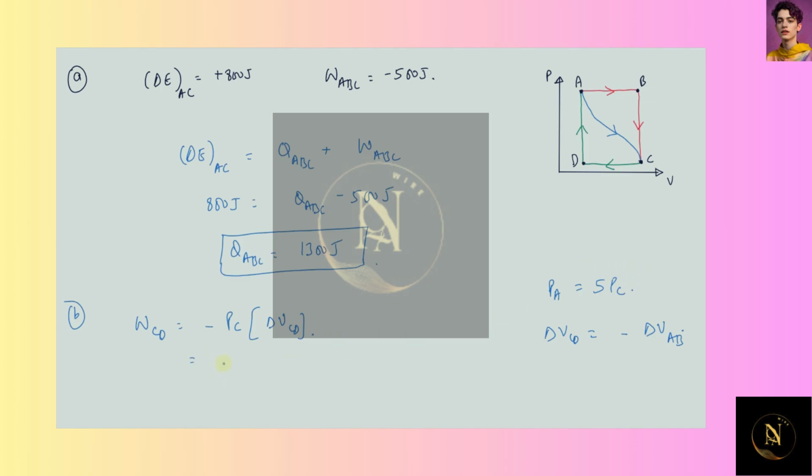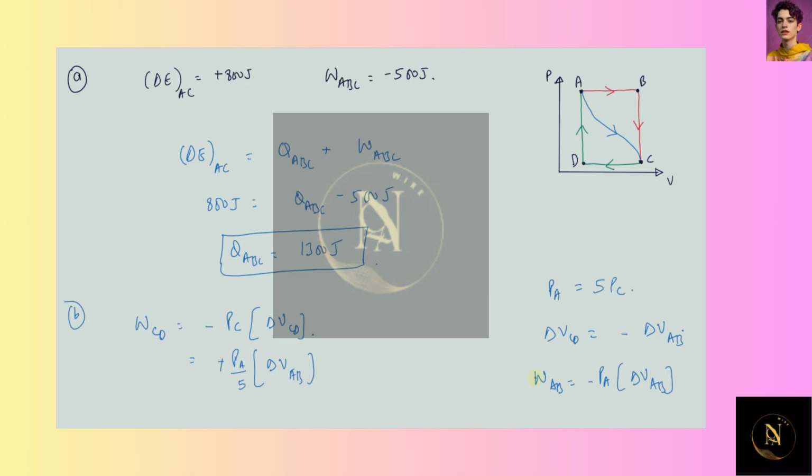If you plug all these values here, PC is PA by 5, so minus PA divided by 5, and change in volume for CD is minus of change in volume of AB, so minus and minus sign will become plus, and we'll get change in volume in case of AB. Now the expression for work done in case of AB will be equal to PA times, with negative sign, times change in volume in case of AB.